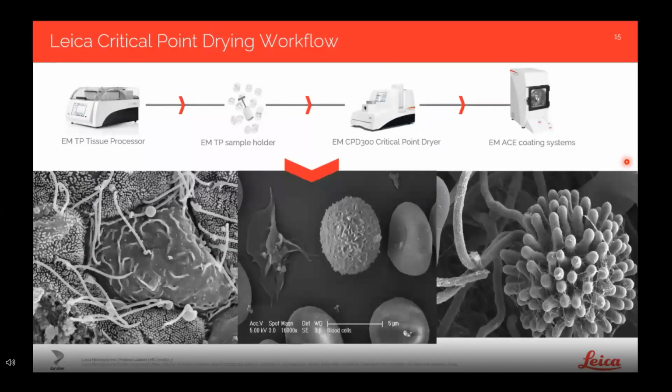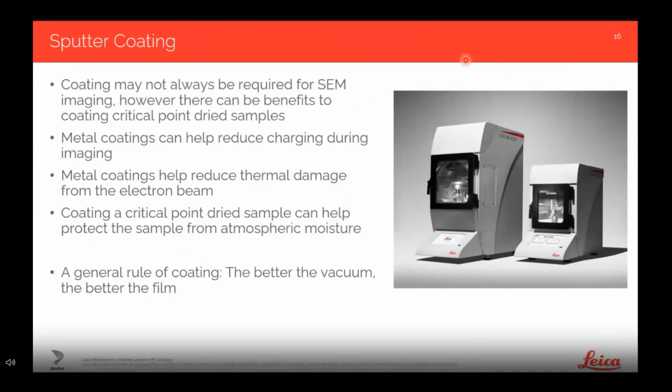Okay. So once we have our sample, it has gone through the tissue processor through dehydration, gone through the critical point drying to remove all liquid from the sample. Now we're ready to coat our sample. And so coating is maybe not necessary for all SEM imaging applications, but there can be some benefits specific to critical point drying workflows.